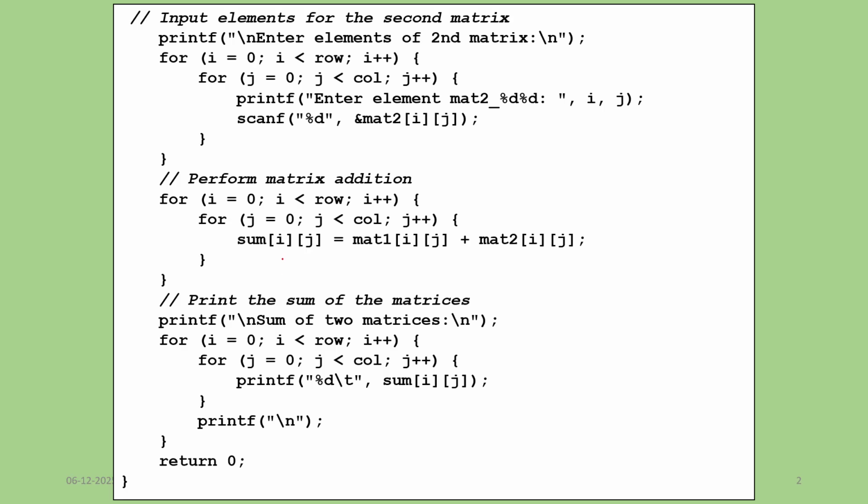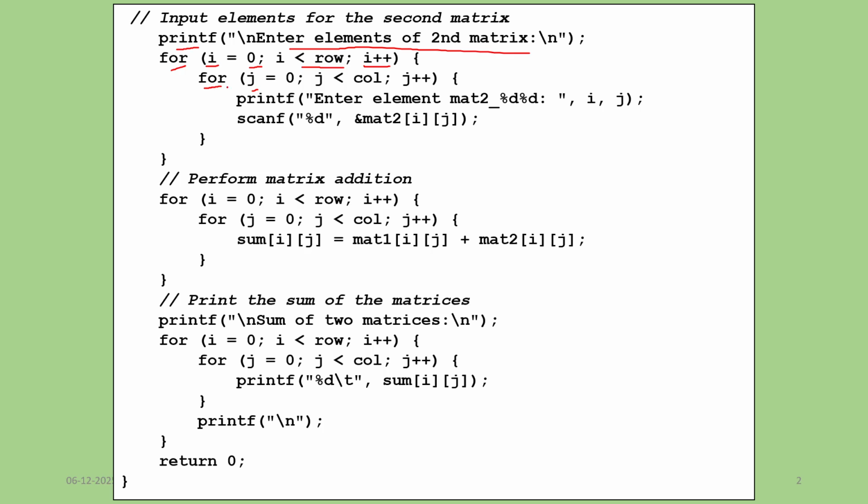Okay, next if you continue this program, now input elements of the second matrix. For that, printf enter the elements of the second matrix. Okay, now for the second matrix also we can see i rows and j columns. Got it? So now use a for loop for i rows and a for loop for j columns. Now i is equal to 0, and i must be less than row, and i gets incremented and exits the loop.